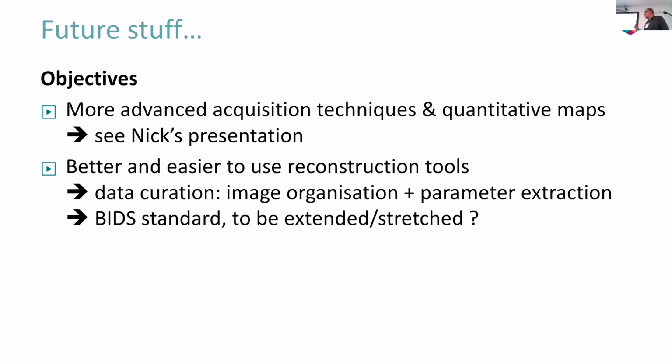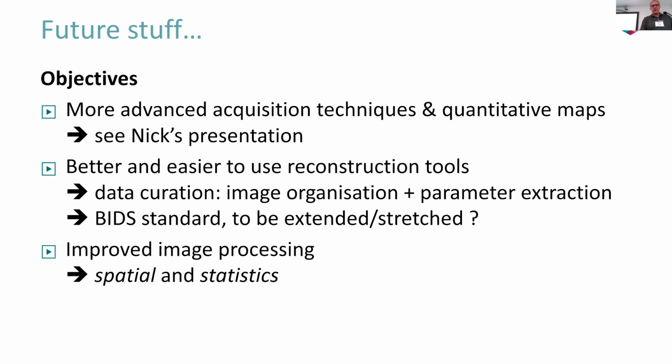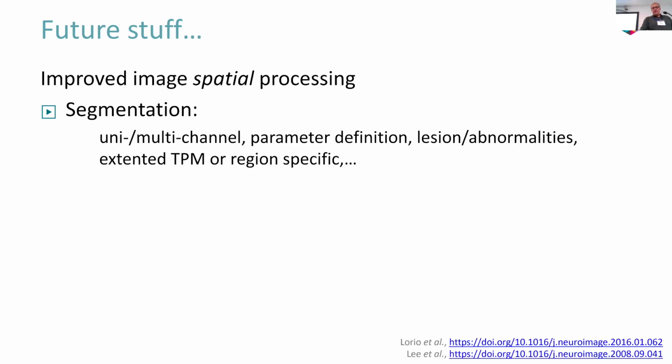Data curation is becoming also important, and that's the BIDS standard to be extended, stretched, so that's something to be discussed. Improved processing, so in spatial, that's for John, those maps contain more than just tissue shapes. So multi-channel segmentation, how many Gaussians per tissue class, these are all questions that I've been pondering about.